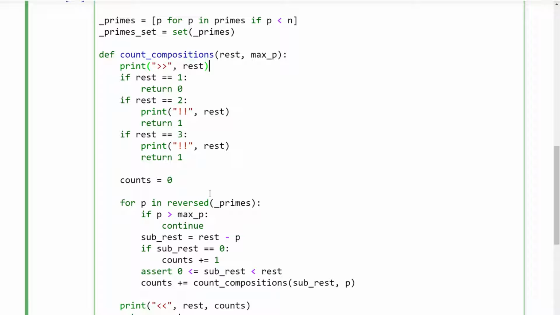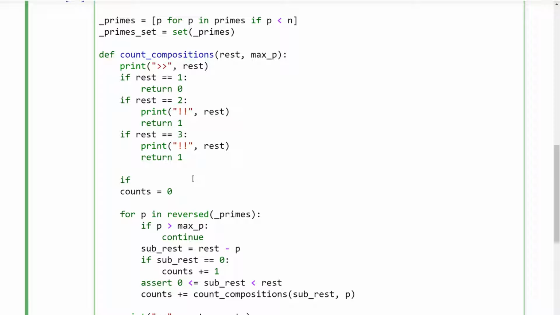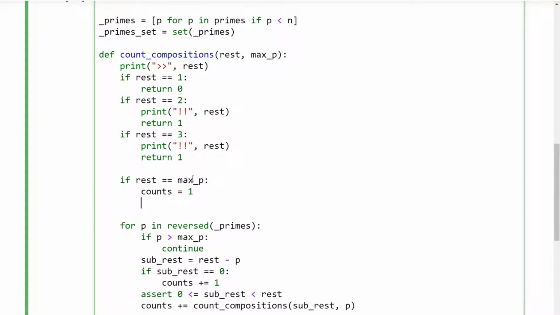This is wrong. Okay, I think I know. I think it's maybe if rest equals max p, then we count this one case in addition to start with. Else it's only the composed things.